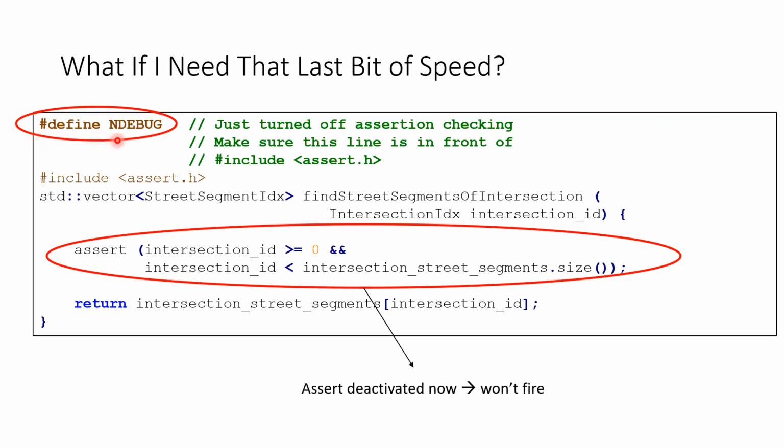Do #define NDEBUG, and do it before the #include <assert.h>. So when you are running your program on your own, you can keep the assert in by commenting this out. And when you are submitting, you can just use this so that all of the assertions will not be checked. This is for speed.